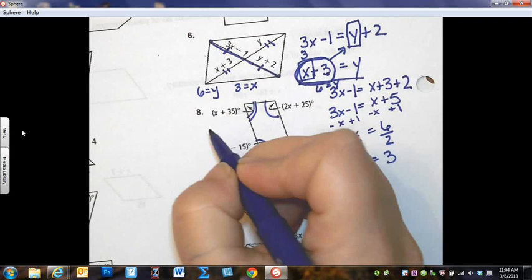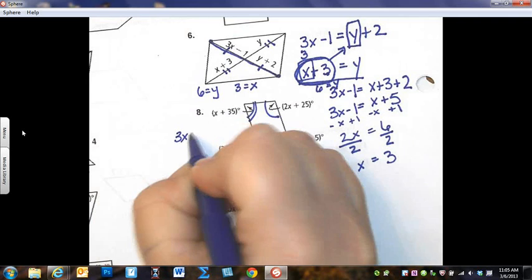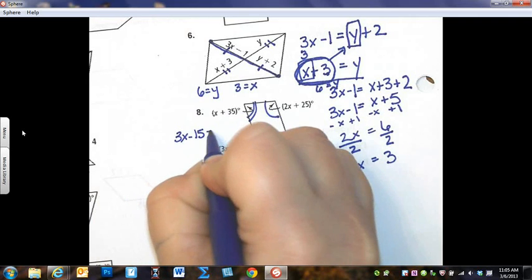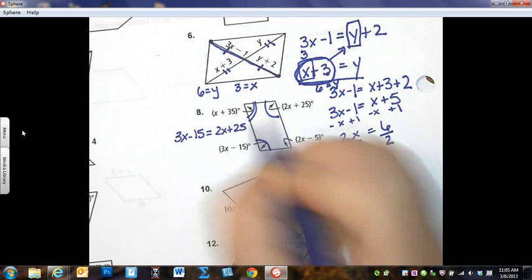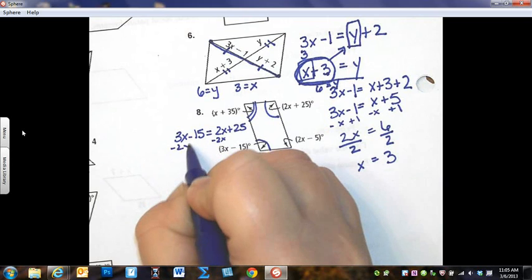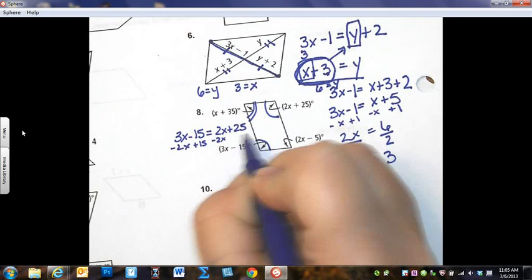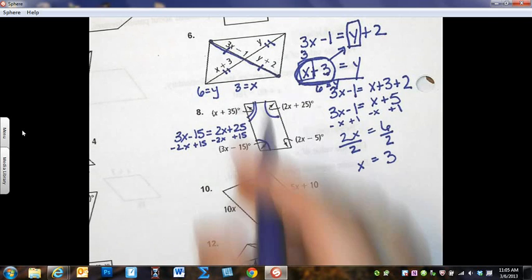So 3x, and I'm going to use this one and this one, minus 15 is going to equal 2x plus 25. I'm going to subtract 2x on both sides and add 15 on both sides. Now I'm kind of doing this all in one step. I hope you guys can follow it. Normally we would go row by row, but I don't want to run out of room here.